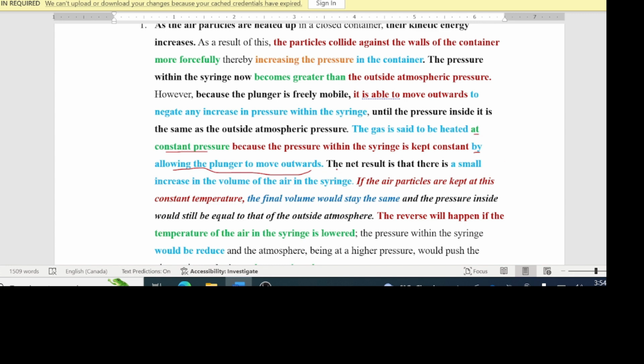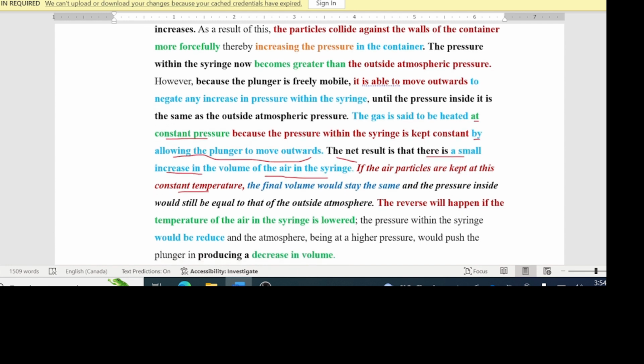The net result is that there's a small increase in the volume of the air in the cylinder. If the air particles are kept at this constant temperature, the final volume will stay the same and the pressure inside will still be equal to that outside. What happens if you cool it down?